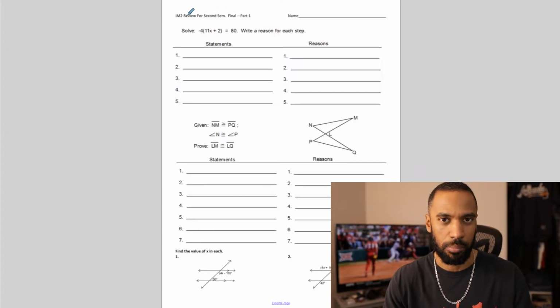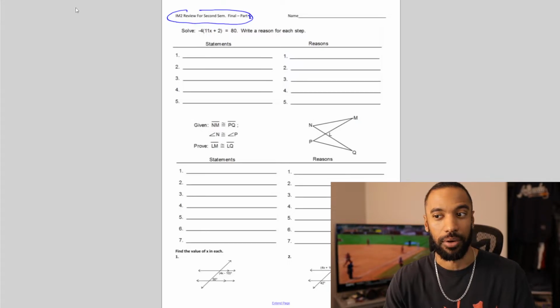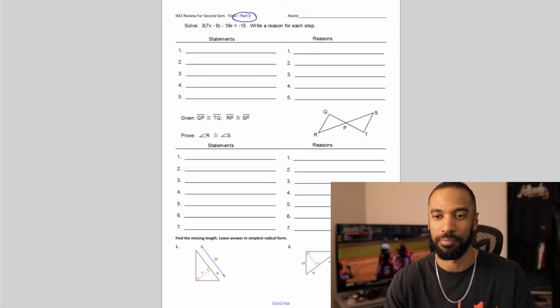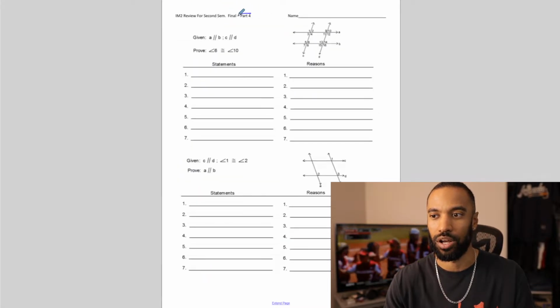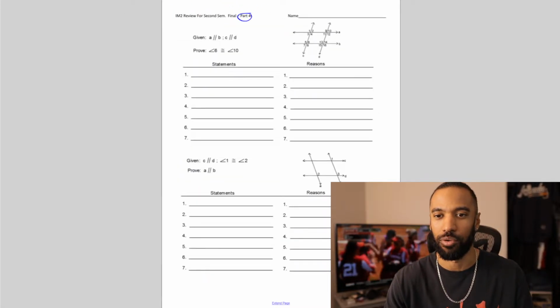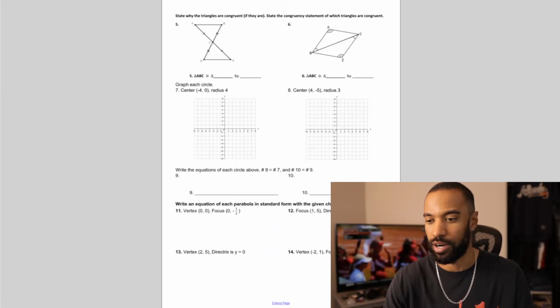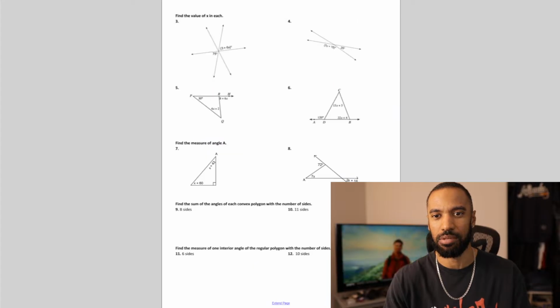I don't have the page numbers on the bottom, but if you number the pages, that might help. I'll try to say them out loud. Final review part 2 is pages 4, 5, 6, then page 7, part 3, and so on, part 4, it keeps going. Here we go, part 5 and part 6. That's 6 parts, 3 pages each, which is 18 pages' worth of content.